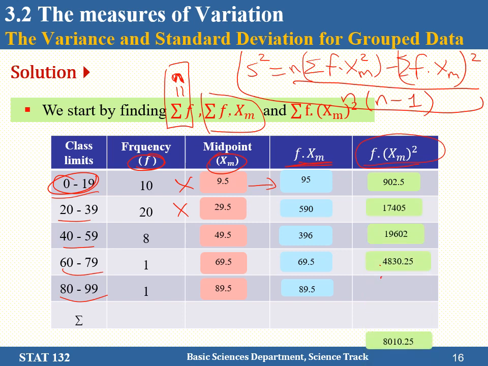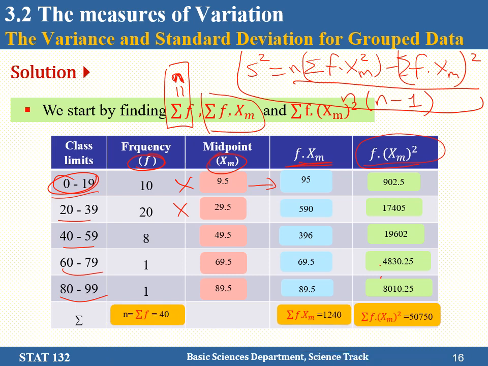Here are the values we got, and after we got them, we add them. We need the sum of the frequencies, the sum of the products of the frequency and the midpoints, and the sum of the products of the frequency times the midpoint squares.